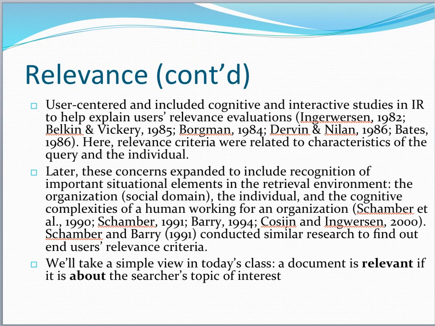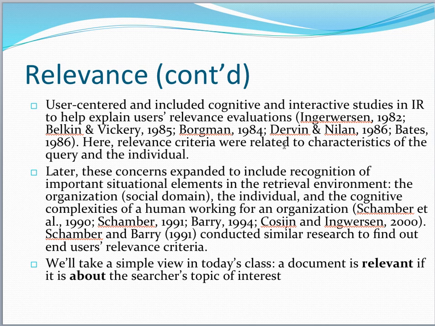Okay, relevance. User-centered studies included cognitive and interactive studies in information retrieval to help explain users' relevance evaluation. And here we have some studies and some models too. Here, relevance criteria were related to the characteristics of the query and the individual.